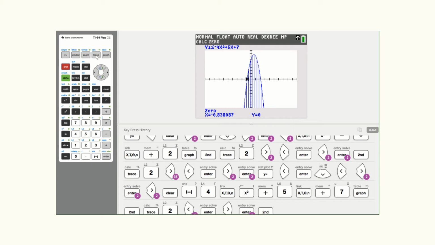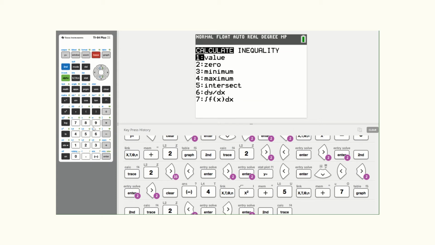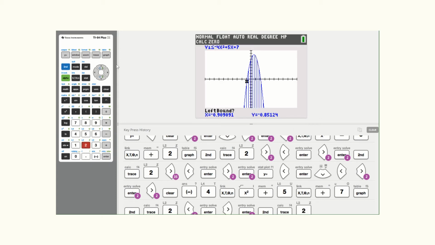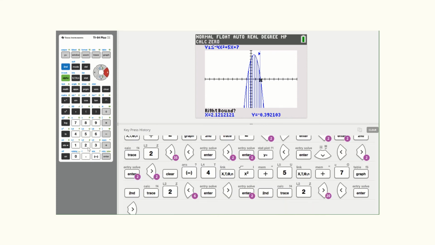So let's go back to second, and we're going to choose zero. I'm going to move my cursor, and it's going to follow the boundary. Notice it's a solid line because this was a less than or equal to. I want to get it just above the x-axis. Back up one. I'm going to hit enter. And now we're going just below the x-axis. I think that looks pretty good.